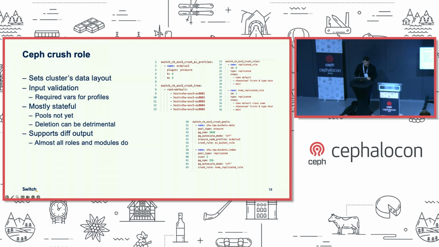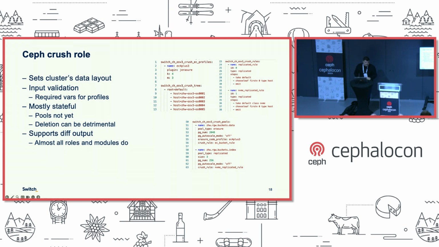Everything is stateful. That means that whatever changes you make, the modules that we have created will figure out what types of changes need to be done in order to get to those defined variables. The only thing that we don't have right now is, for example, if we remove one pool entry, it won't actually delete the pool, because that would be detrimental.